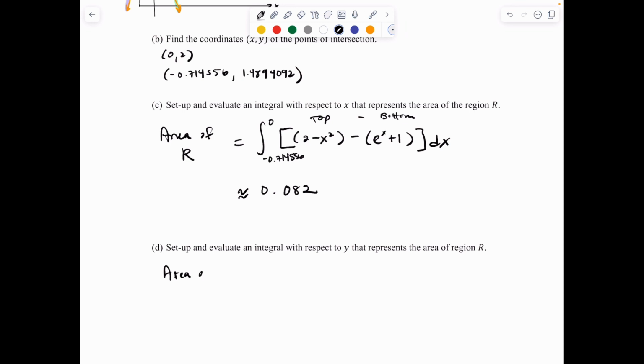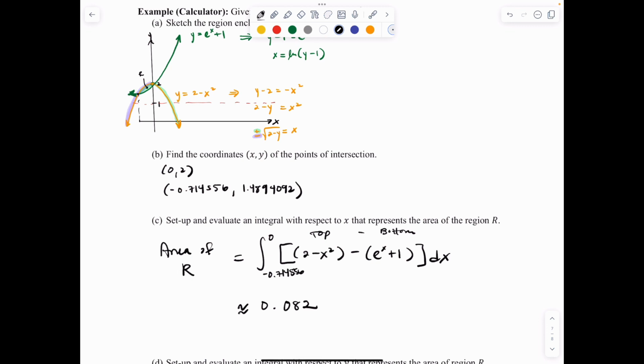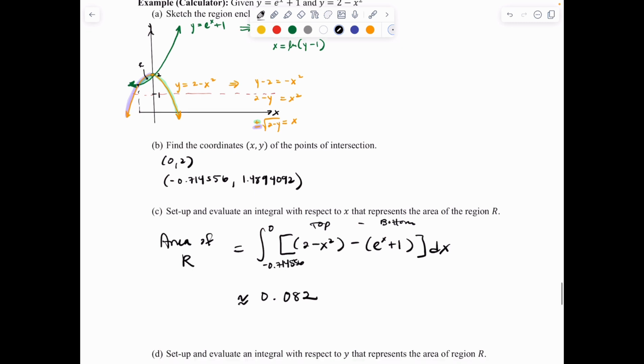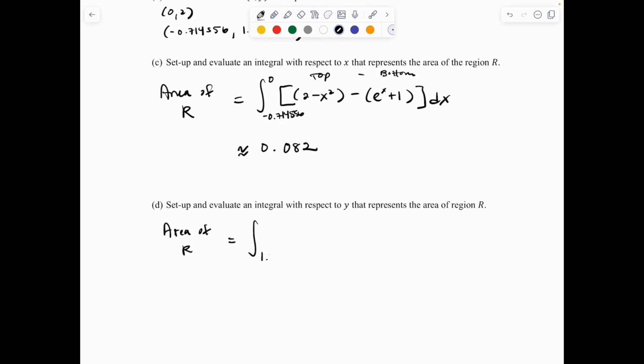So this is again the area of region R. And we did find the 2 points of intersection. So reading y values from bottom to top, that means we're integrating from 1.48949092 up to 2.